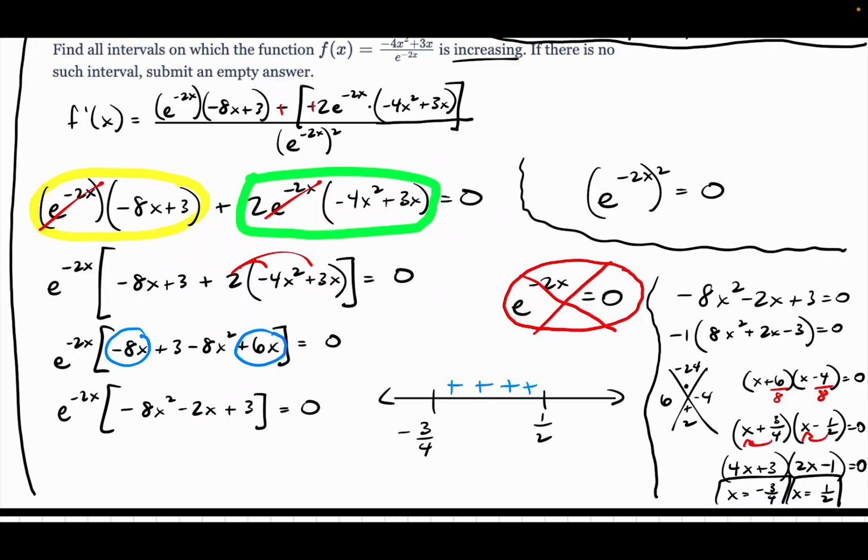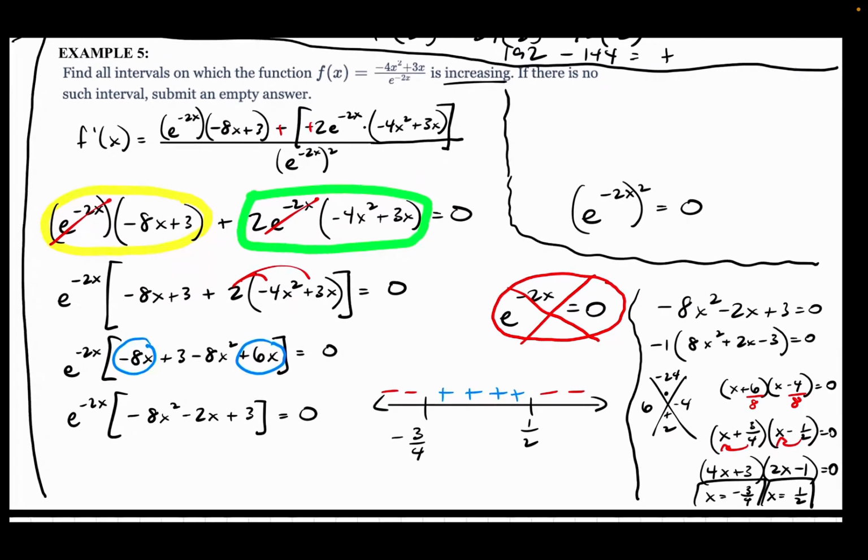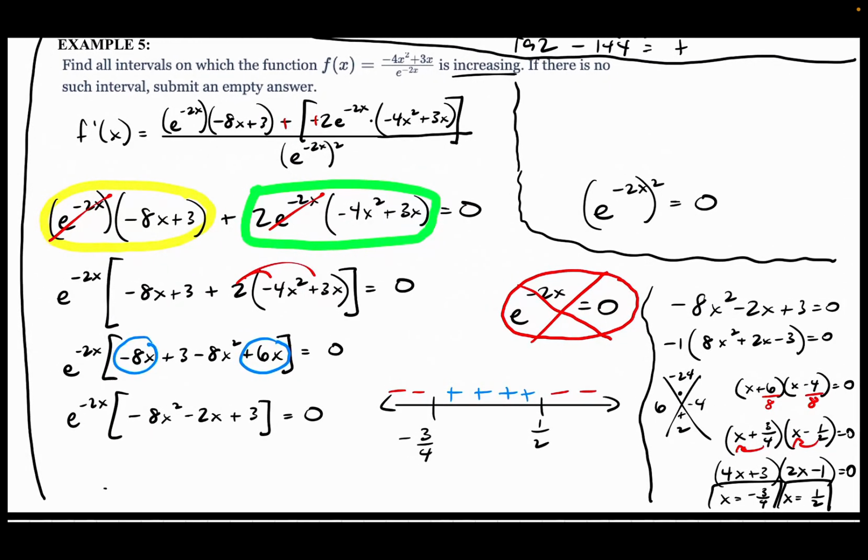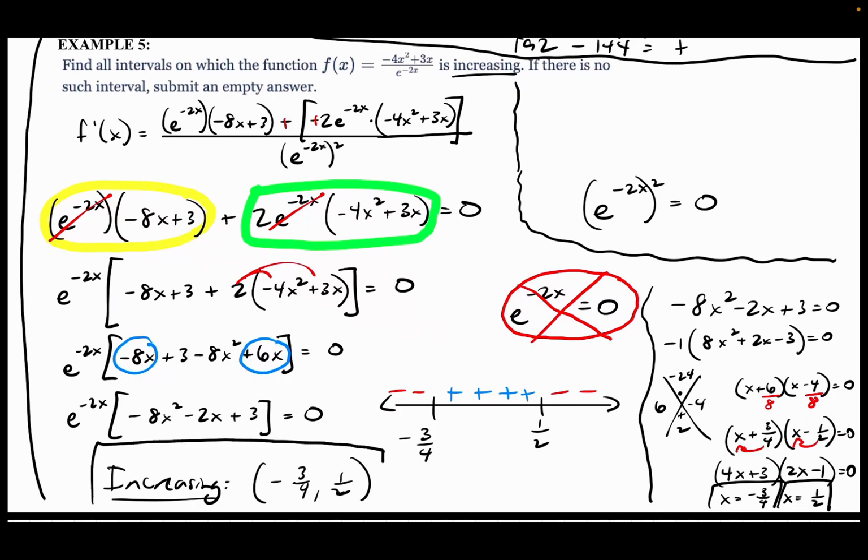That's going to be negative. And this is also going to be, is it going to be negative? This is going to be negative too. So increasing between negative 3/4 and 1/2. There you go.